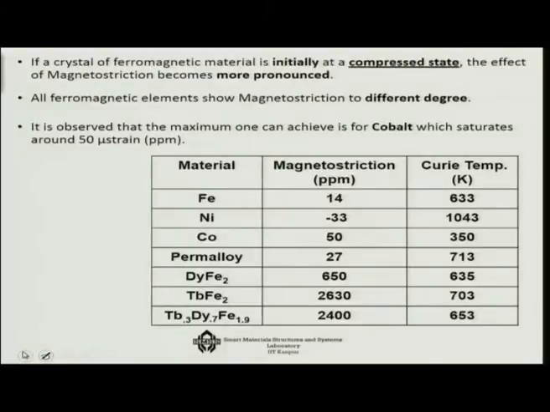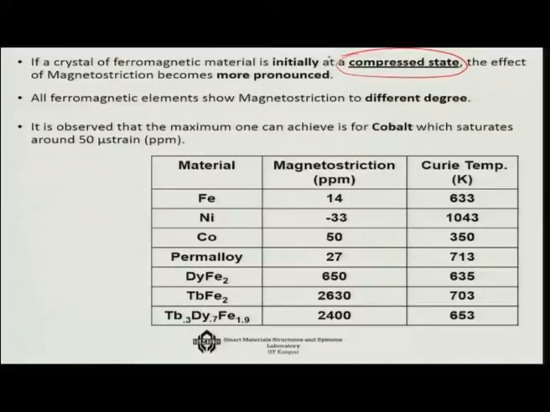Now, if a crystal of ferromagnetic material is initially in a compressed state, this effect is found to be more pronounced. If it is in a compressed state, or if you use a biased magnetic field, you can actually generate both expansion and contraction. Otherwise, the magnetostrictive effect basically creates expansion in the system.